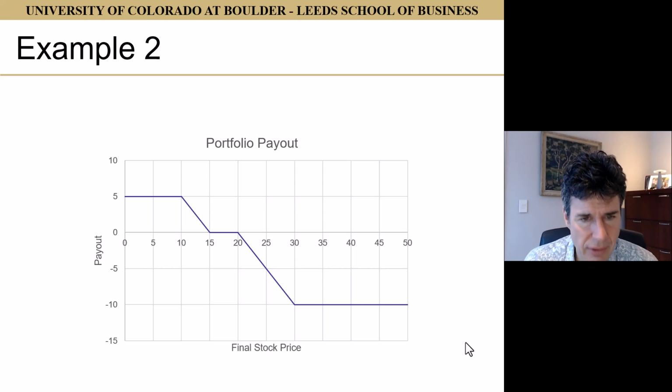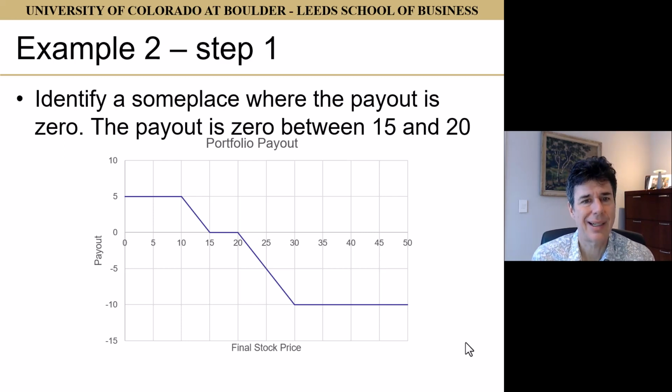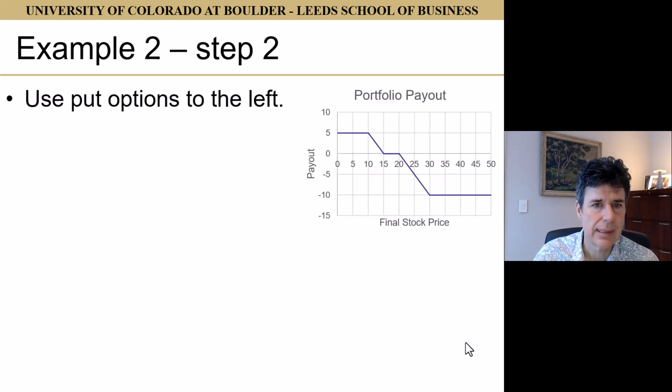Okay, so here's an example. We have this payout diagram, and we want to find a portfolio that creates this payout diagram. Okay, step 1, identify a place where the payout is 0. The payout is 0 between 15 and 20, so that's our starting point. We're going to use put options to the left. And again, we can kind of look at the picture and figure out what's going on.